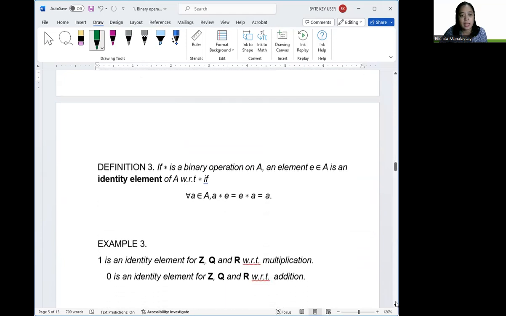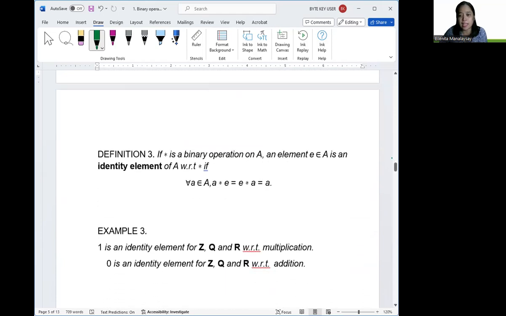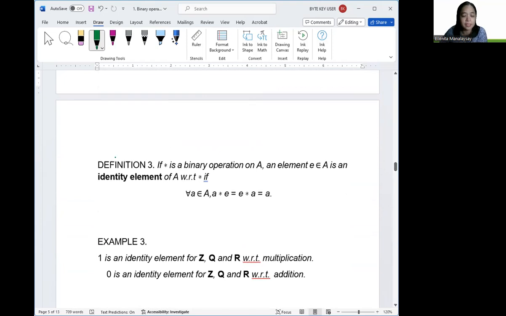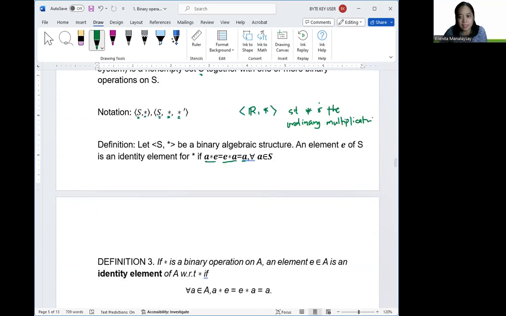Okay, next. I'll be giving examples in the next slides. Okay, let's consider this definition. So this is the identity element.